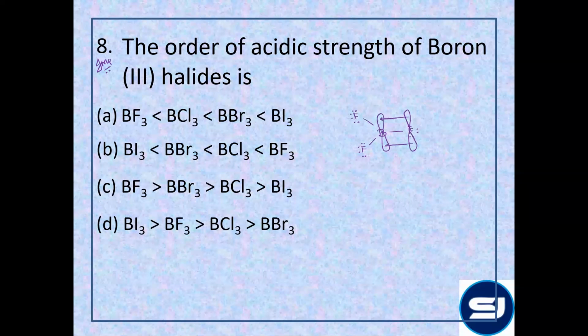And this back bonding creates a lateral overlap. That is why it is called p pi back bonding, because p orbital of boron and p orbital of fluorine are involved in the back bonding. Hence it is p pi back bonding.